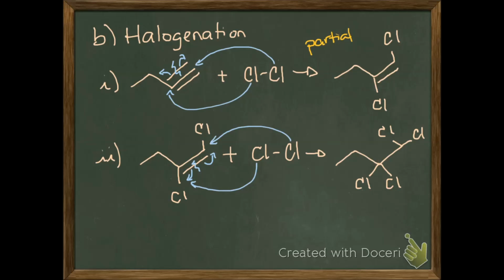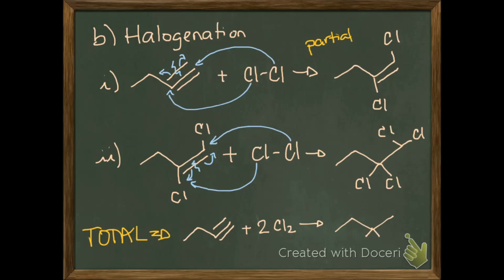And if I want to summarize the total, it will be the molecule of the alkyne that will react with two halogen molecules to give a tetrahalogenated alkane. Here we have the 4 chlorines or bromines or iodines or whatever you want. This is the summary. And as you can notice, it's very similar to the reactions in alkenes.